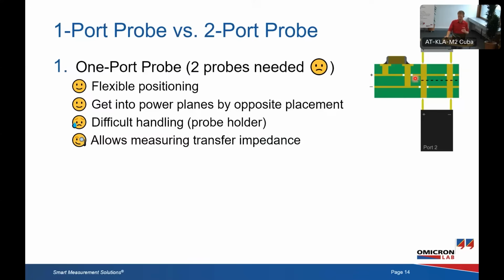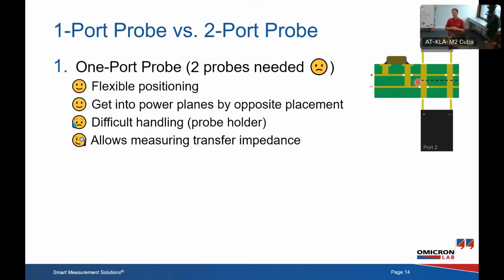So I tried to depict that here on the right side in that picture, where I have the port 1 driving or exciting and the port 2 measuring, and then there are 2 wires that connect into the power planes.